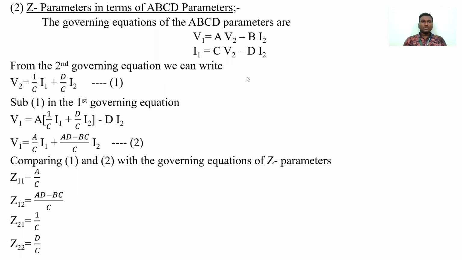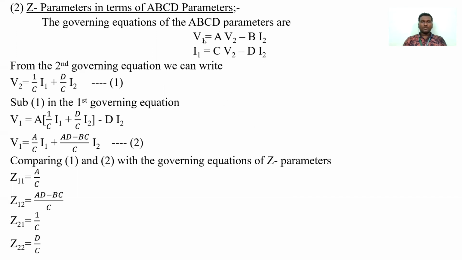If you see the governing equations of Z parameters, V1 is equal to Z11 I1 plus Z12 I2. All the forms should come as V1 is equal to and V2 is equal to.